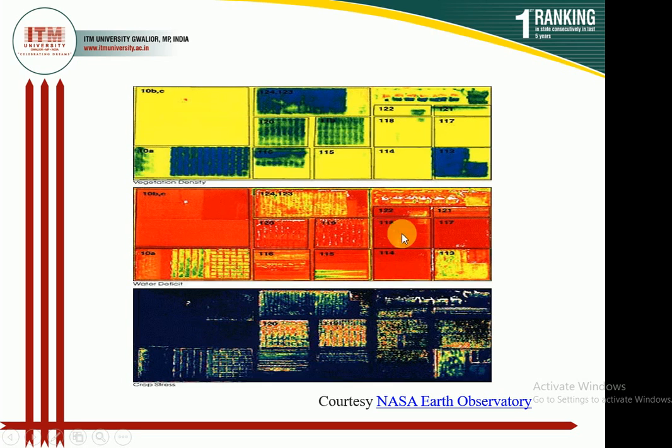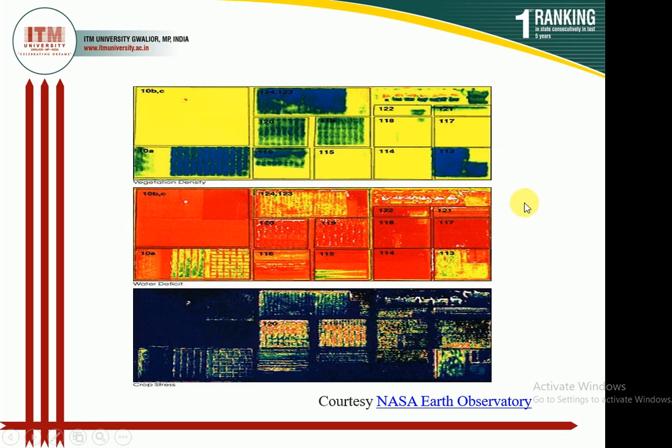The red color shows a dry area, meaning the moisture condition of this area is very low. The yellow color shows a wet area or a smaller amount of moisture. The bluish and greenish colors represent the chlorophyll amount or the vegetation index of that area.